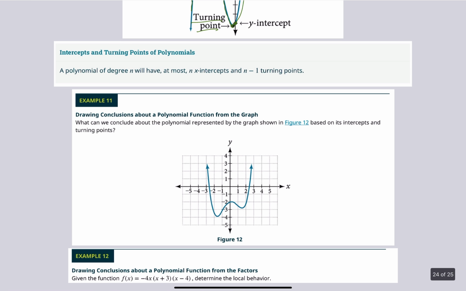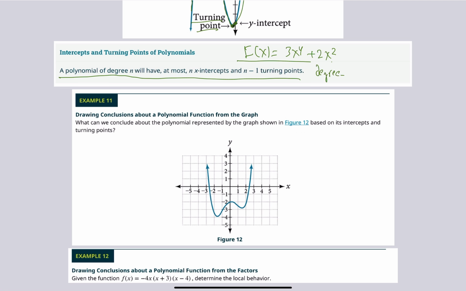Now, last but not least, this is a really cool trick to understand how many x-intercepts and turning points I have in a function. Let's say f of x equals 3x^4 plus 2x squared. What's the degree of this function? It equals 4, right?